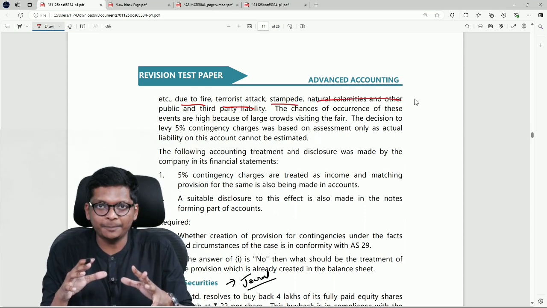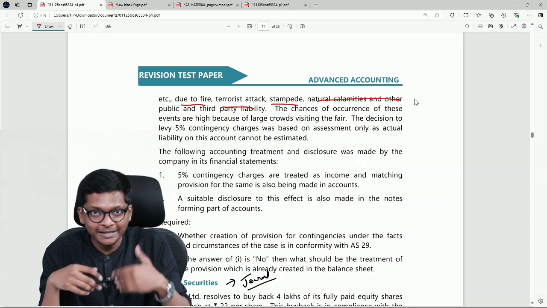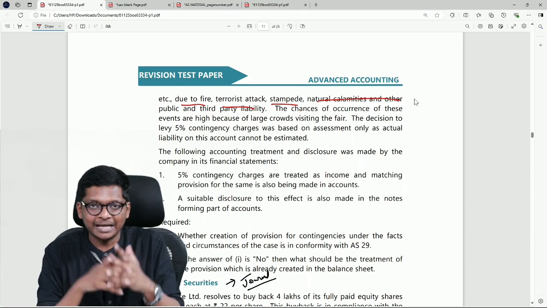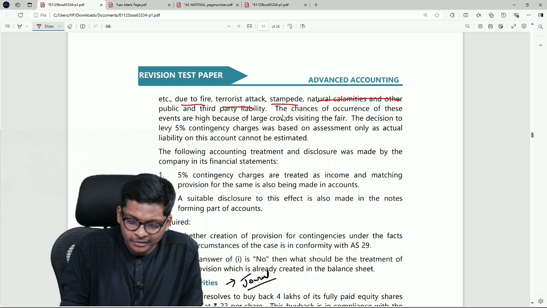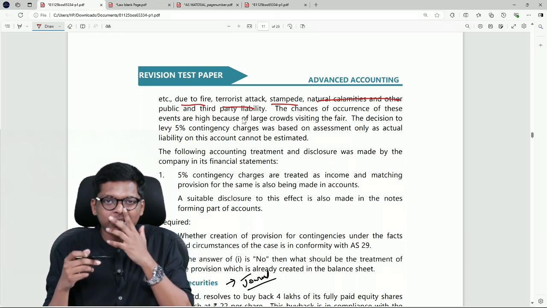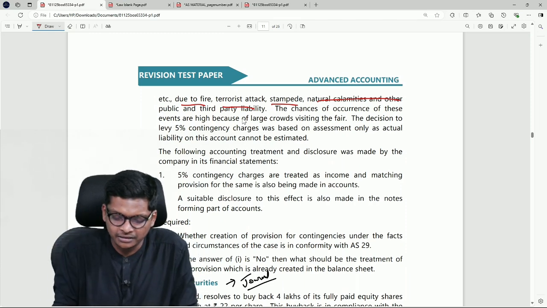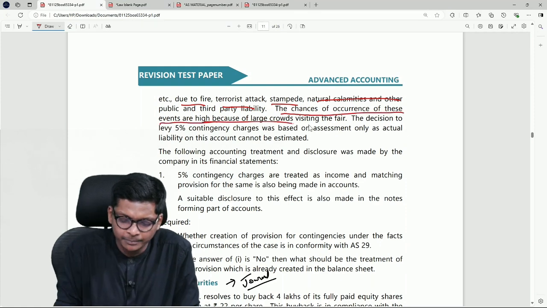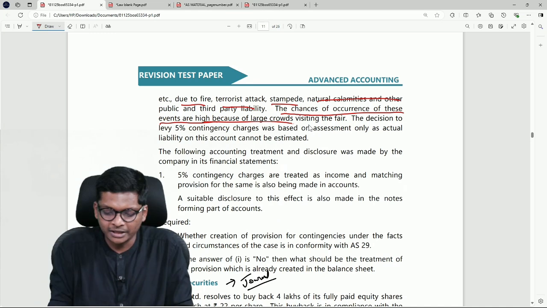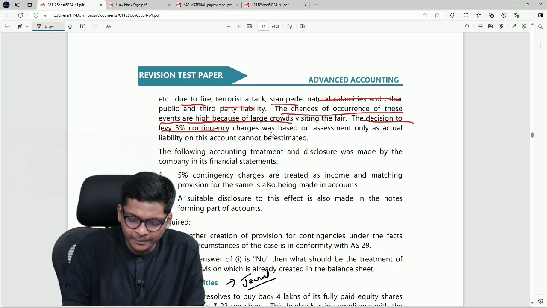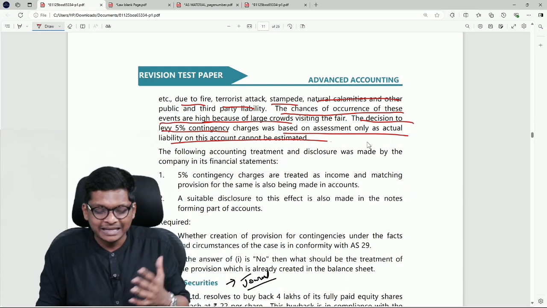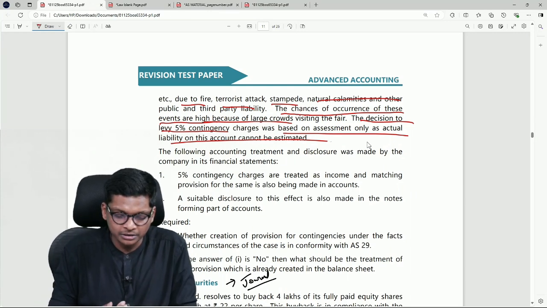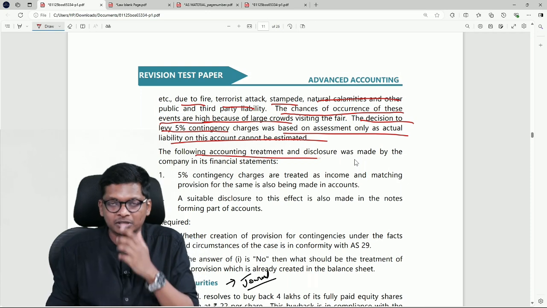If something happens, to save you, I need more money so that I can help you, or compensate you for any loss or any death, etc. The chances of occurrence of these events are high because of the large crowd. The decision to levy 5% was based on the assessment, as the actual liability cannot be estimated. Two questions: the following accounting treatment was done by the company.